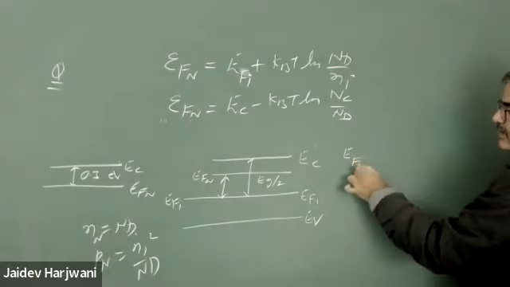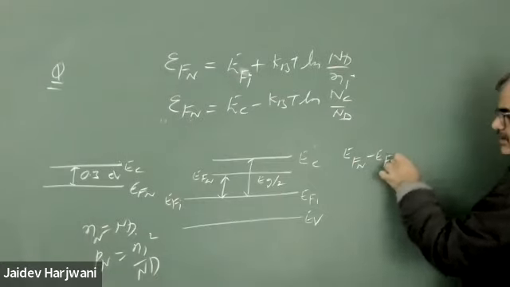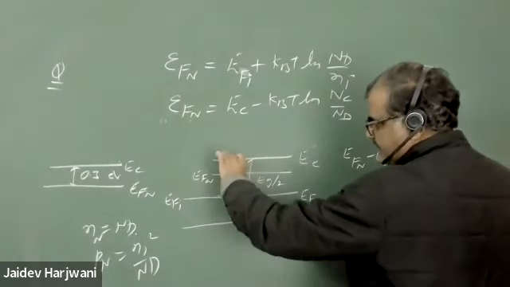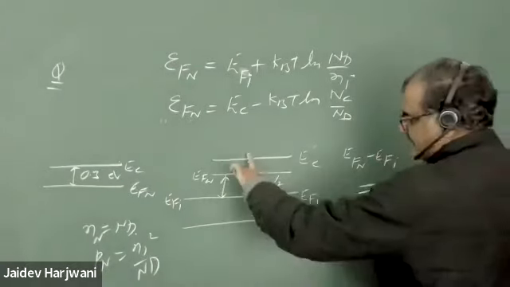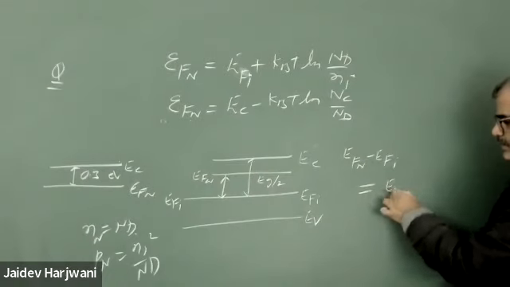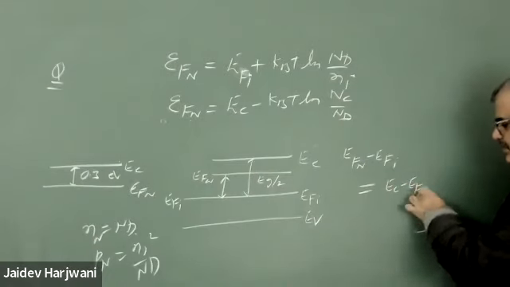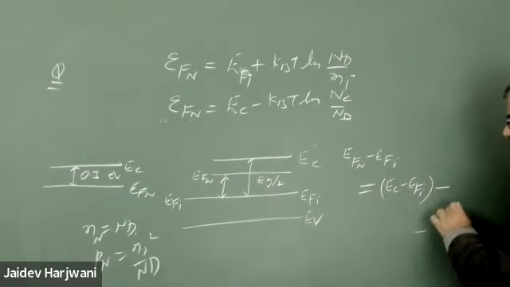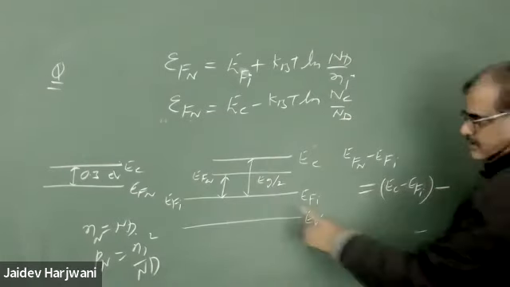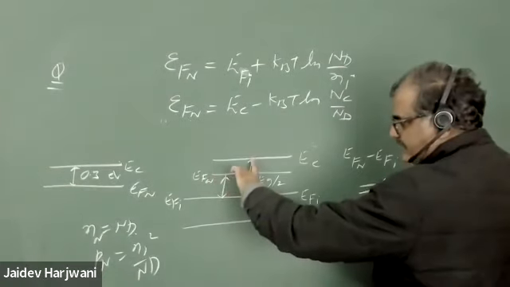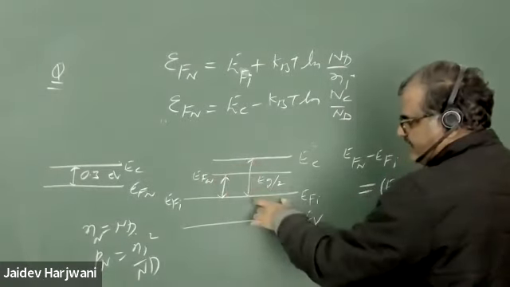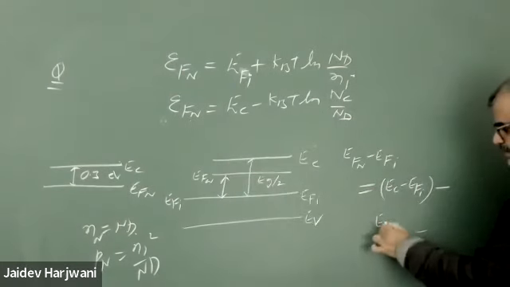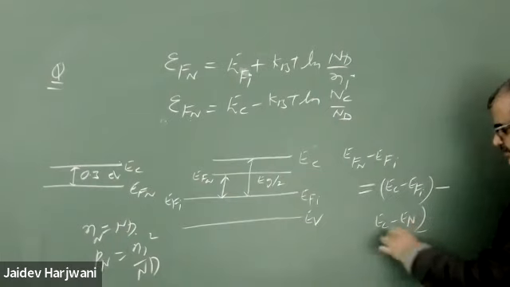So for that, I can take this gap minus this gap: EC minus EFI minus EC minus EFN.